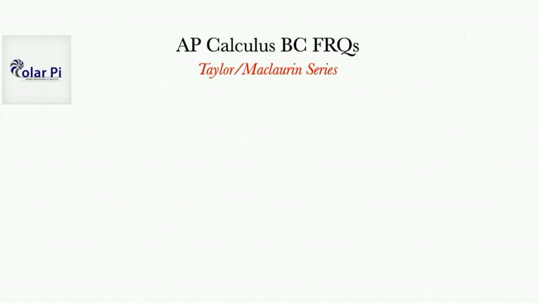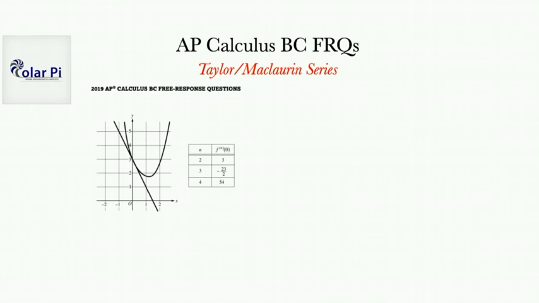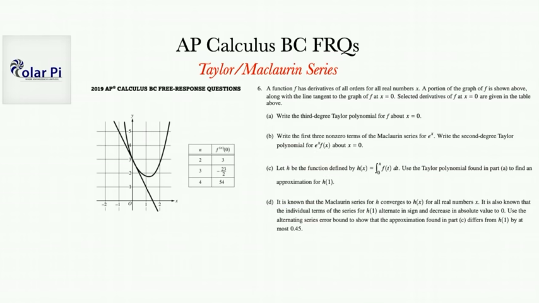All right, so where do we begin? Well, we're going to begin with the 2019 FRQ problem 6, which is the Taylor Maclaurin series question. And then we're going to look at the 2018 here in this video, and then the 2017 and then the 2016.